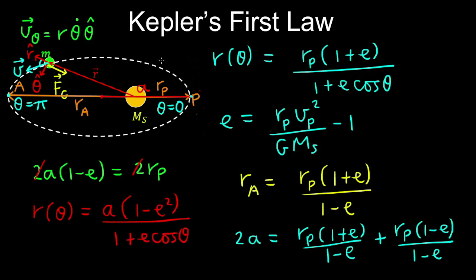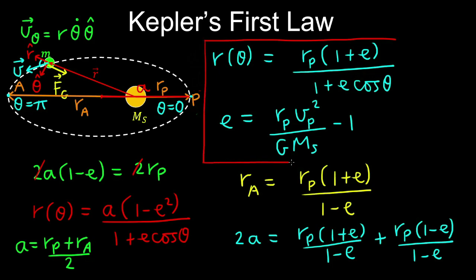So that proves that our orbit is elliptical. So note that a is the distance to perihelion plus aphelion on 2. But in general, we'll use this form as it's more convenient.